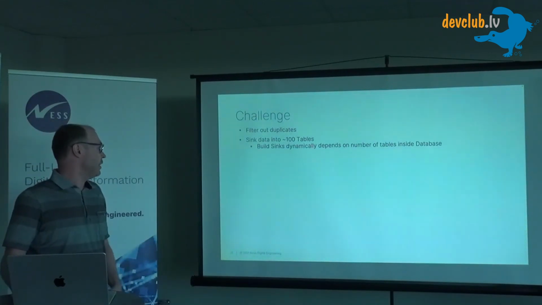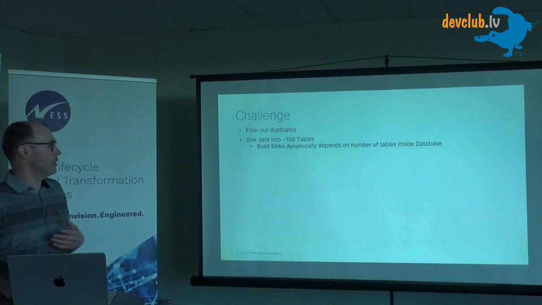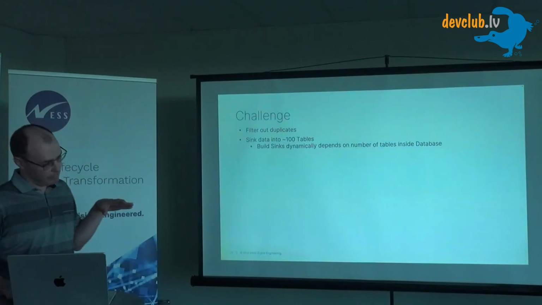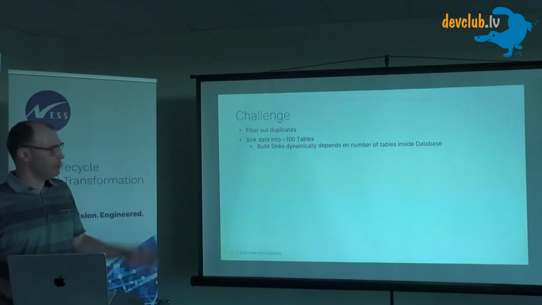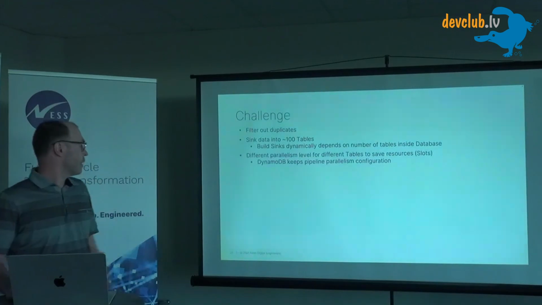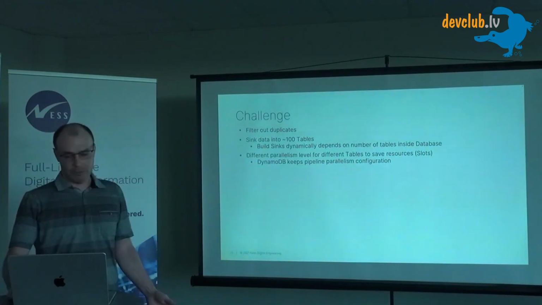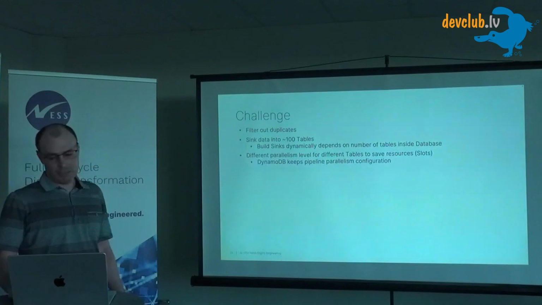So we sync data into around 100 tables, and we should build sinks dynamically, depending on the number of tables inside the database. So we just run some queries against MySQL, collect the tables we're interested in, and based on this, we build our topology. We should have different parallelism levels for different tables because we need to save some resources.